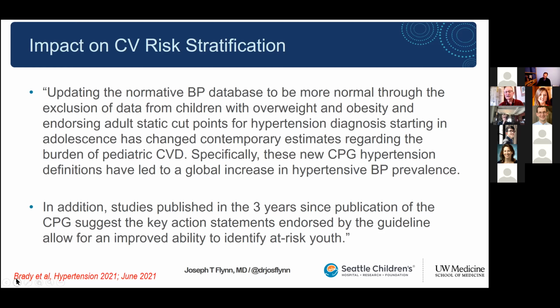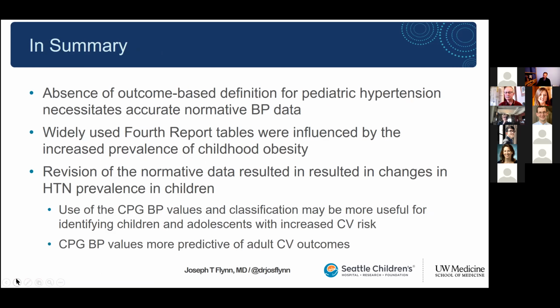And so in summary, because there's an absence of an outcome-based definition for childhood hypertension, it really requires normative data that are accurate, because it's a statistical definition, at least up to now. The previously used fourth report tables, which are still endorsed by the European Society of Hypertension, were influenced by the increased prevalence of childhood obesity.